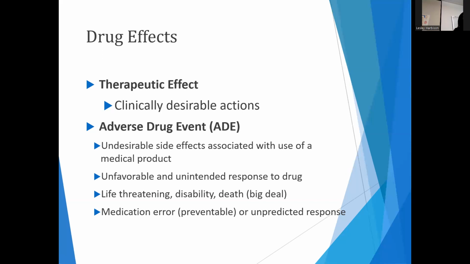Sometimes people have genetic factors and they'll respond to a drug completely differently. But in general, with an adverse drug event, think bigger deal, not so much like an allergy or an allergic reaction or a side effect, but more like life-threatening or a bigger deal.